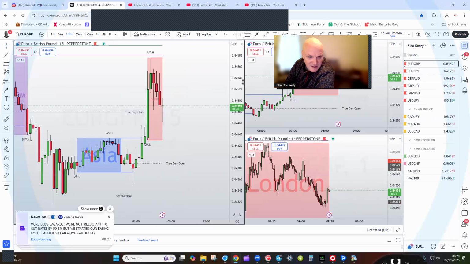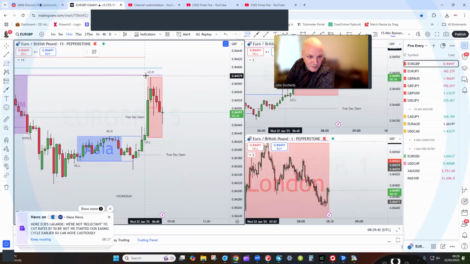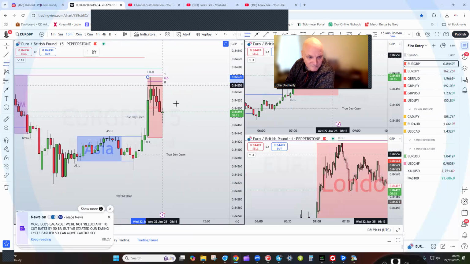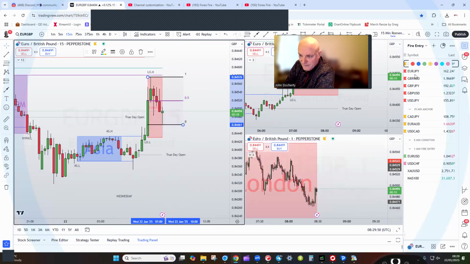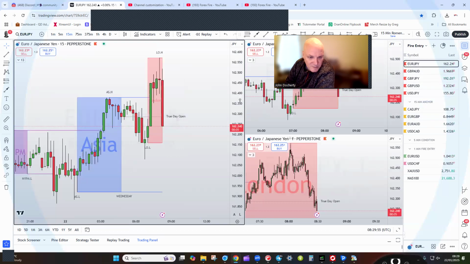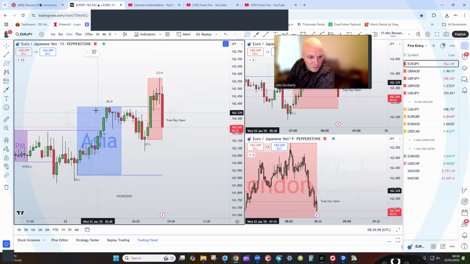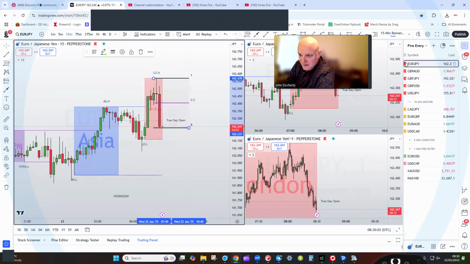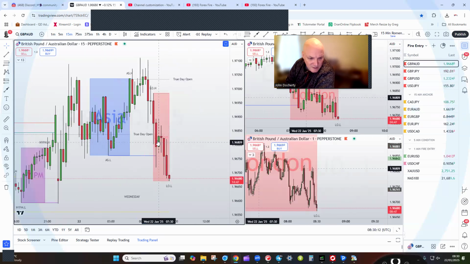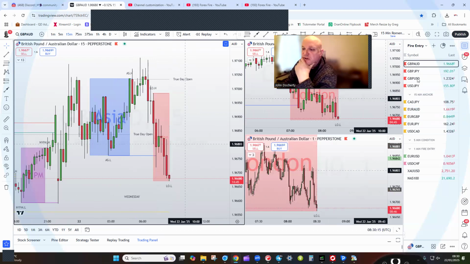Euro GBP, I've got another one. So we broke out the Asian high. We go from this down to this. Make this orange. GBP AUD, we've got a breakout, but we haven't got a retracement just yet.